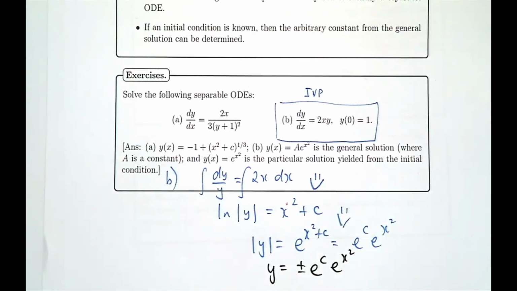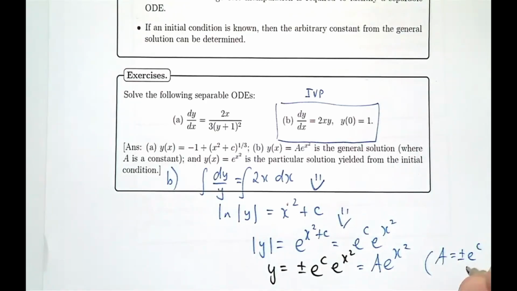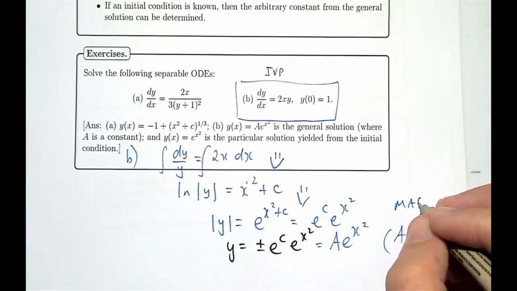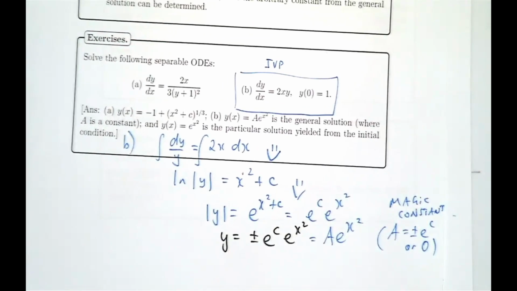Now, this magic constant is going to cover three cases: positive e to the c, negative e to the c, and 0. Okay, it's a magic constant. Putting that A in there makes things a little bit simpler on the eye and on the brain, and it serves its purpose.